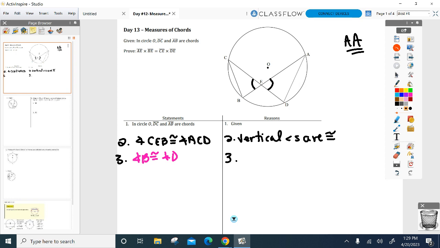And I like what you said, but put a name to those angles. What type of angles are B and D? They're in the circle. Inscribed. So here you go. Inscribed angles drawn to the same arc are congruent.